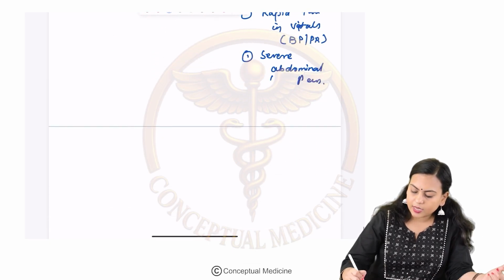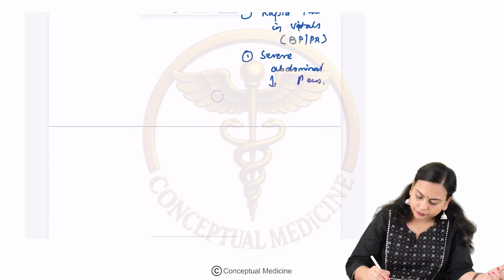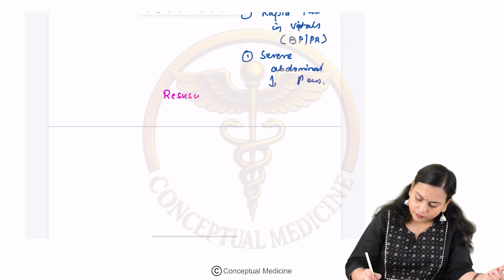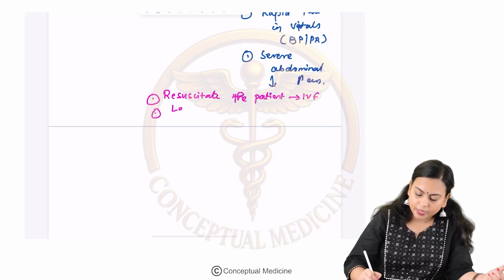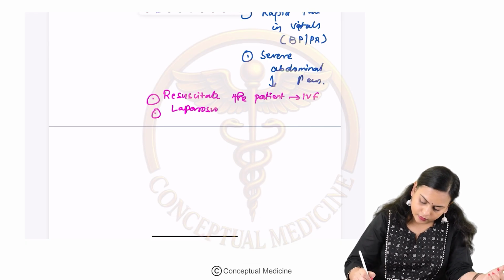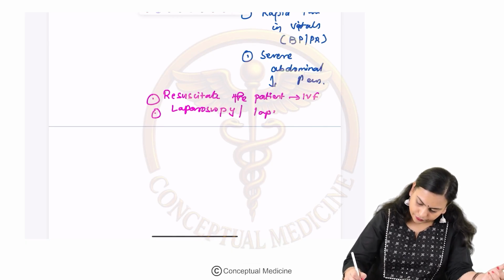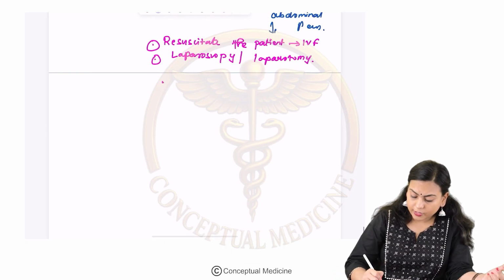So, in this case, you are going to resuscitate the patient. You will first resuscitate the patient by giving IV fluids, and then perform an immediate laparoscopy or a laparotomy, and don't forget to remove the instruments.